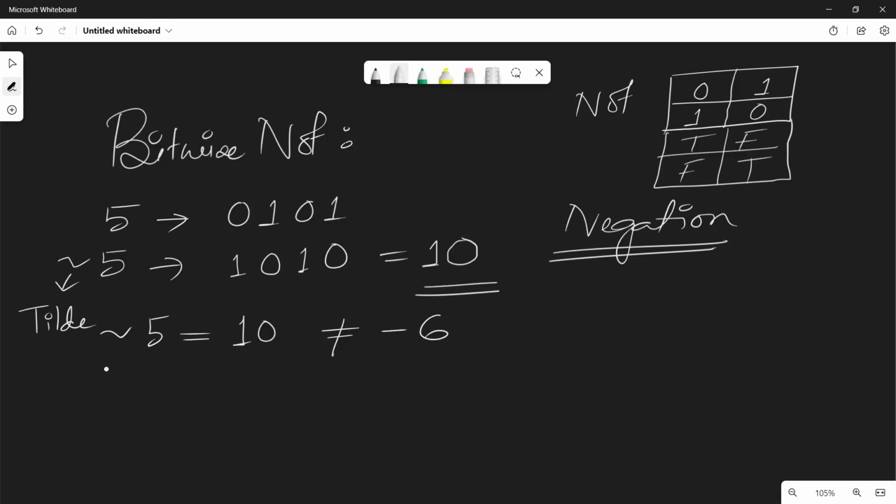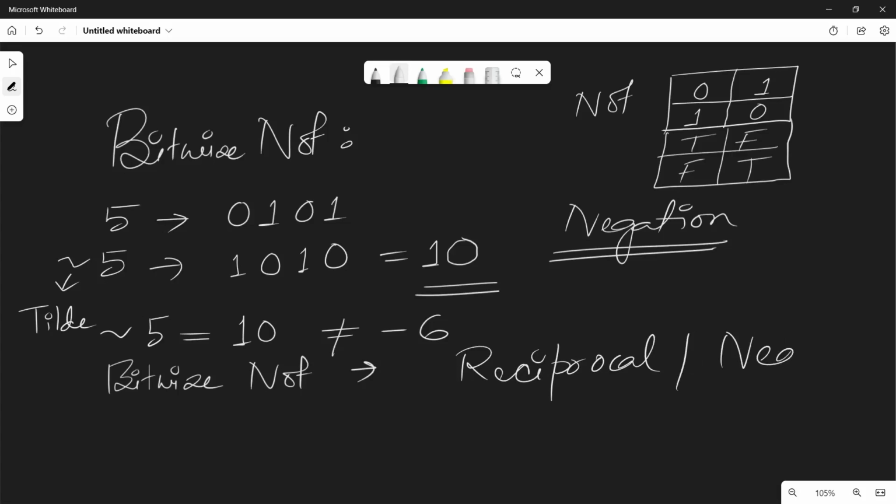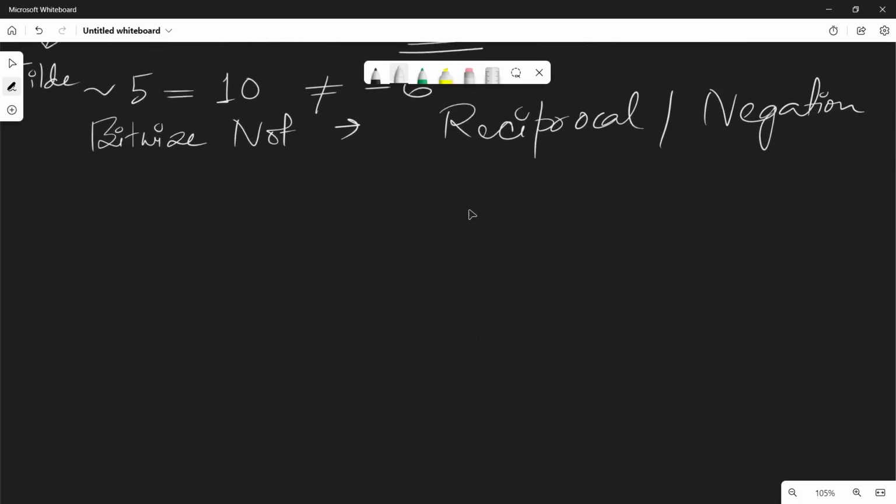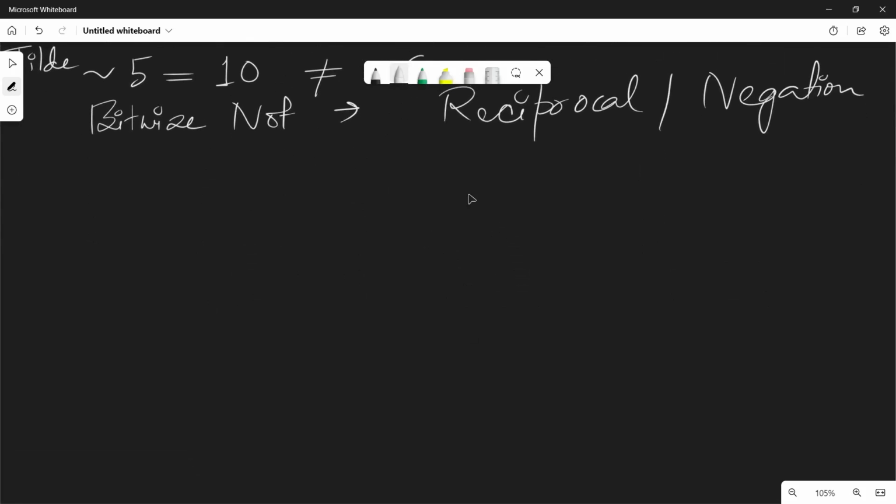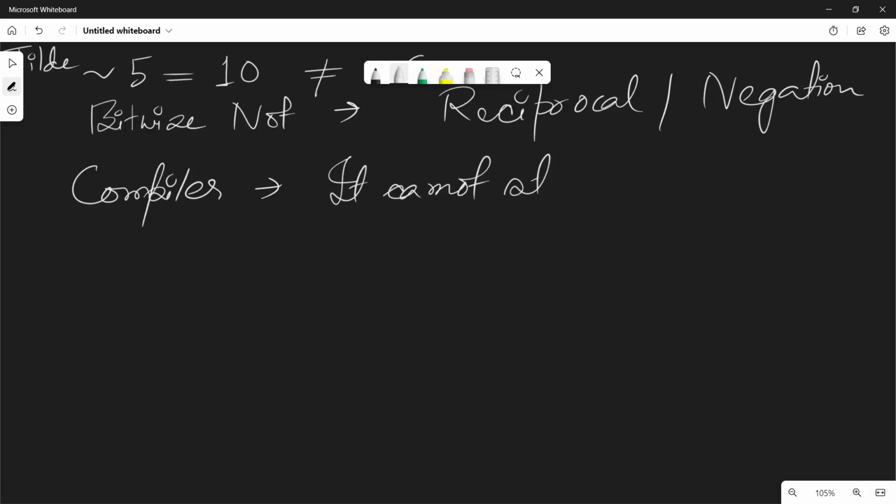So you just remember one thing. When we do bitwise NOT, that is reciprocal or negation, the problem is our compiler cannot store negative values.